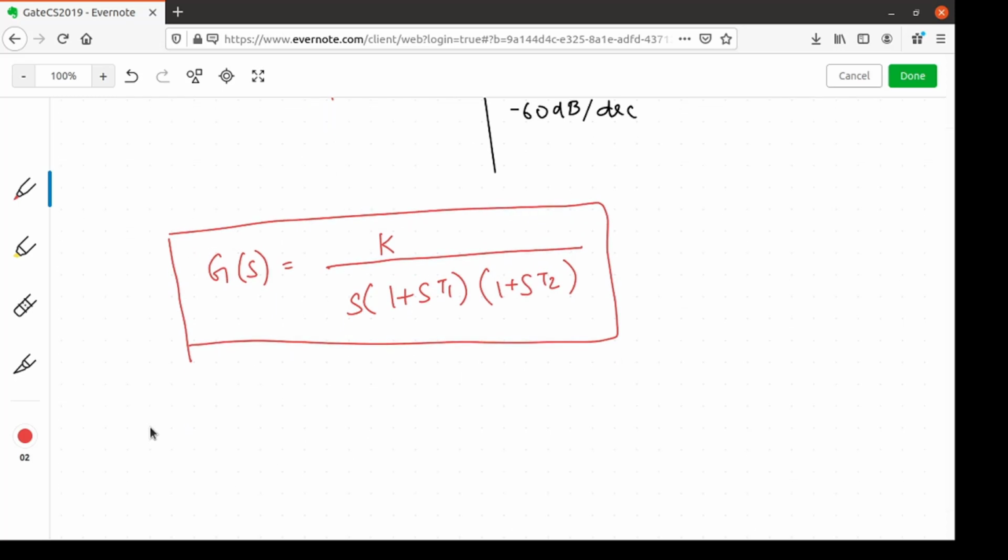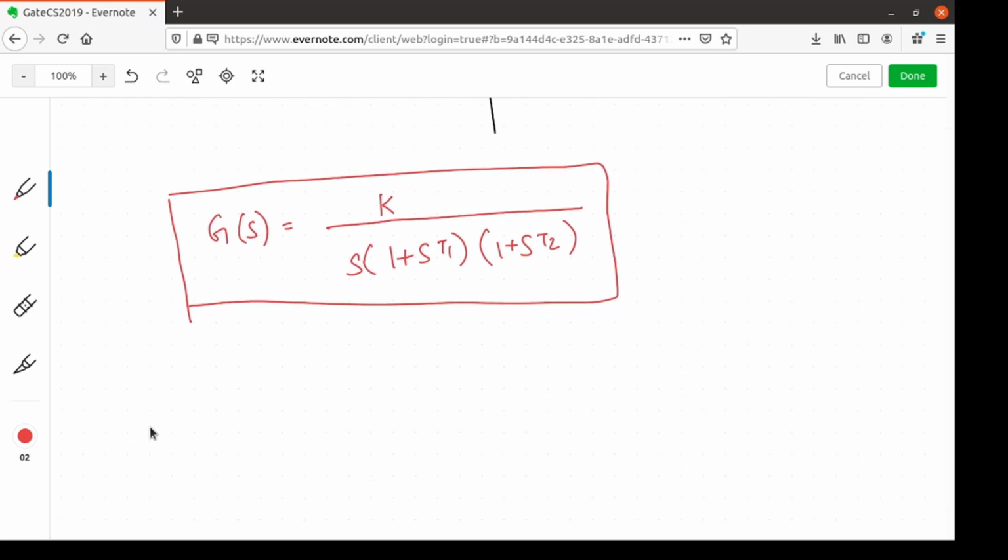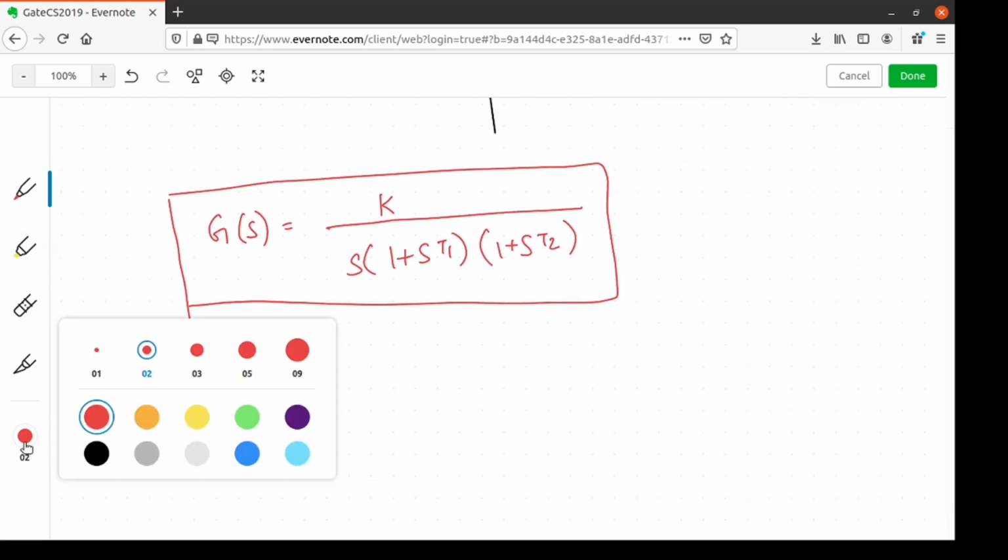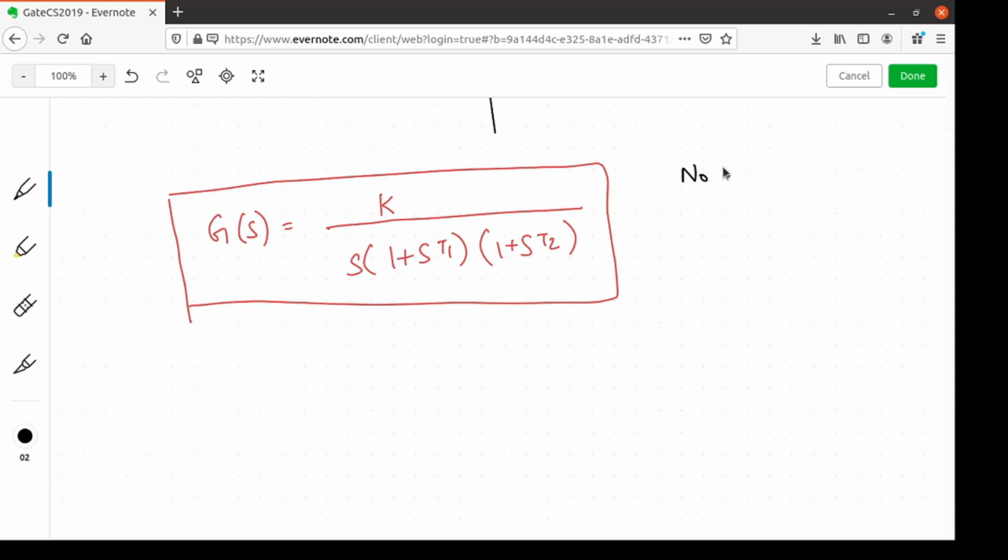Now, as for statement 1, we can see that there are no zeros. So the number of zeros is 0, and the number of poles equals 3. So statement 1 is false.